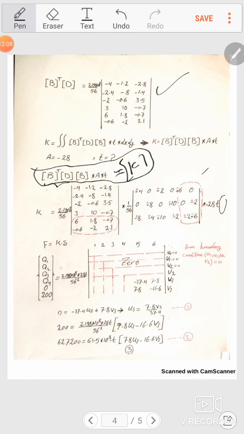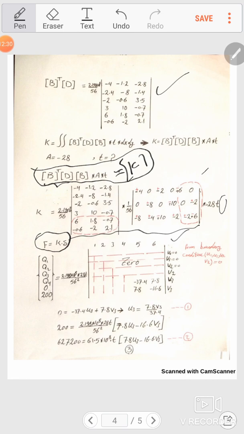After that, you can follow the rule of the force: F equals K times displacement. So K is here. After you calculate all these matrices, you will get this one.